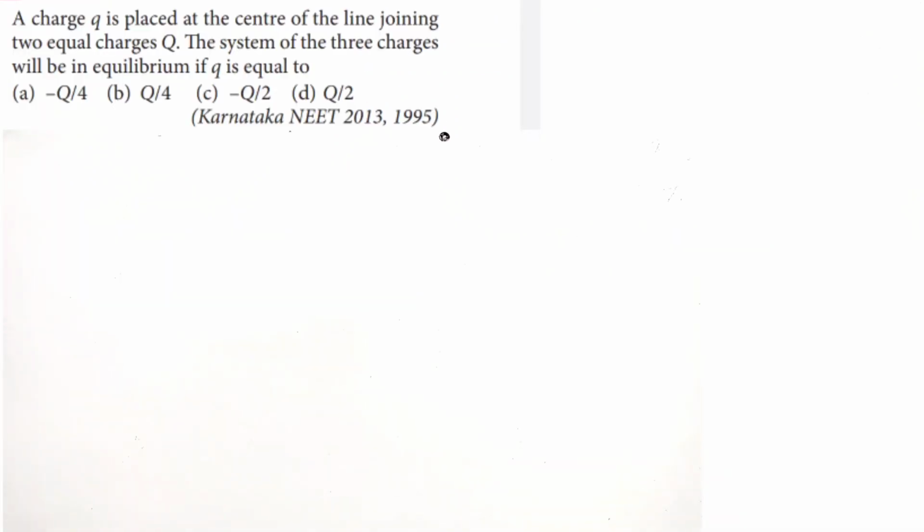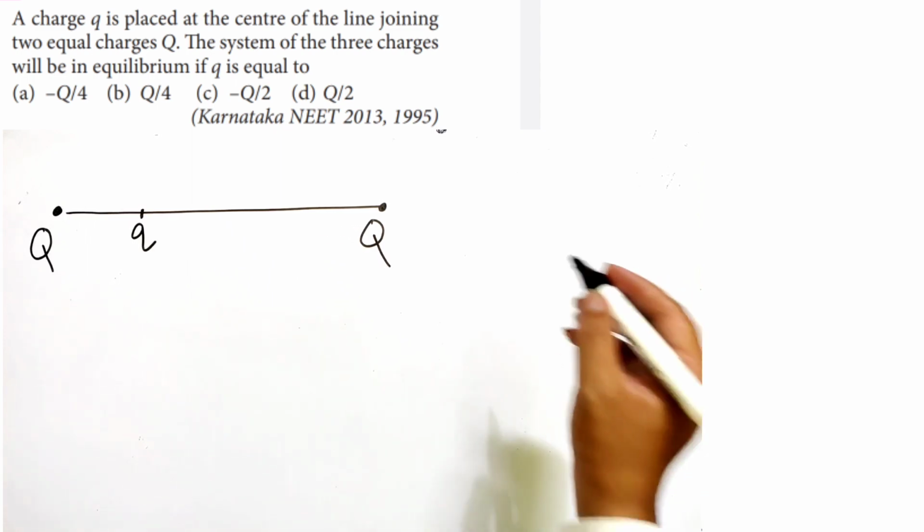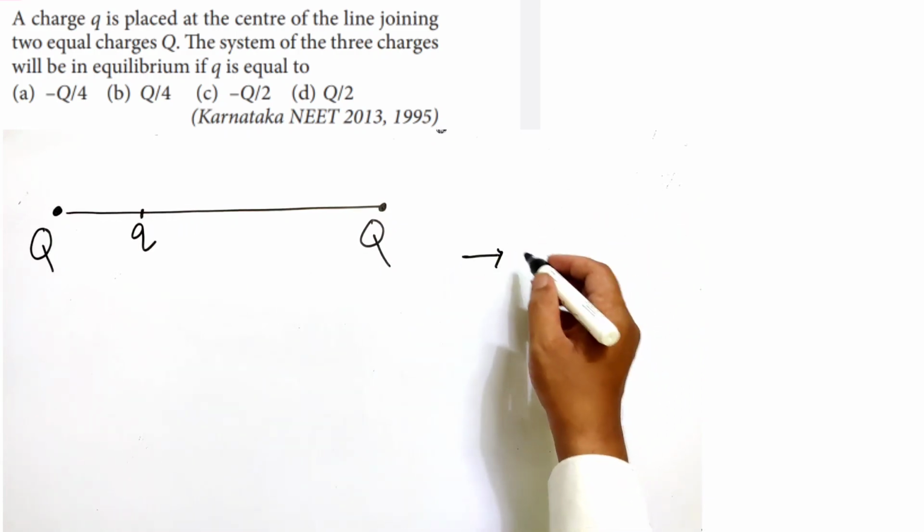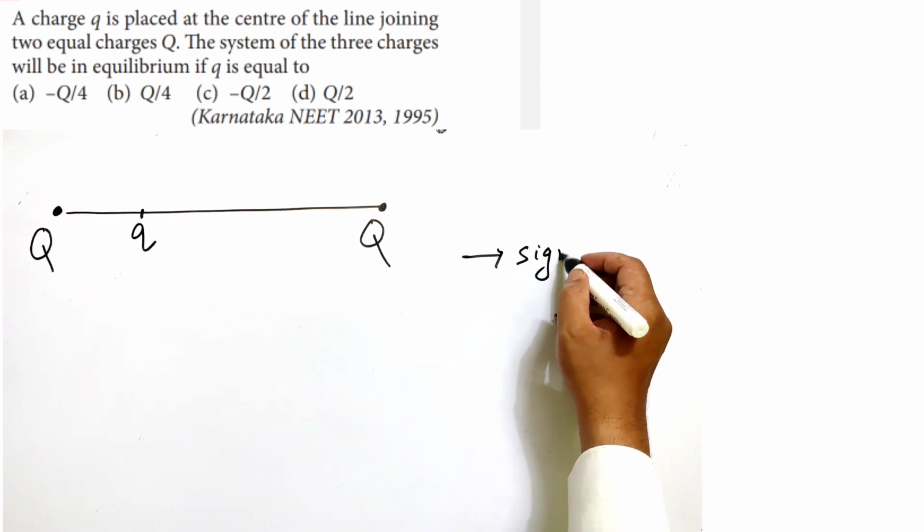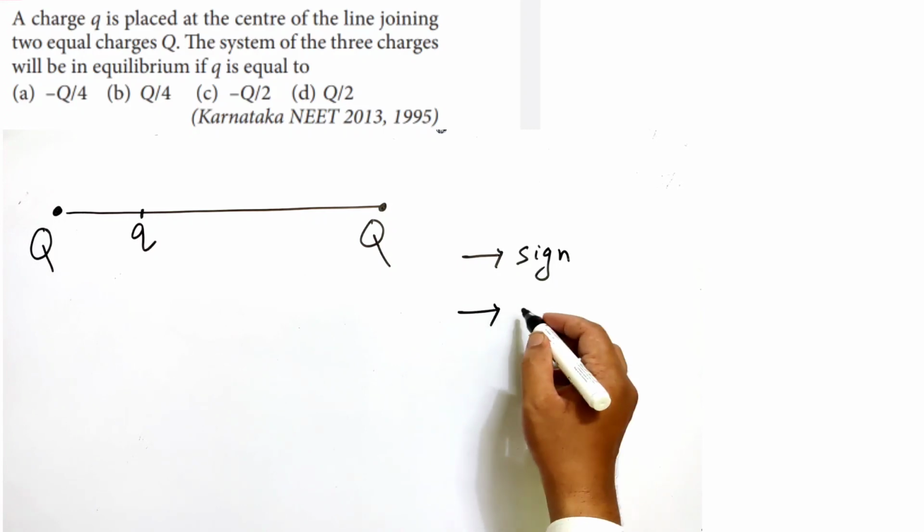Here one question is given: a charge small q is placed at the center of the line joining two equal charges capital Q. The system of three charges will be in equilibrium if small q is equal to. Very common question. Let us solve this one. Here we have to find two things: the sign and also the magnitude.